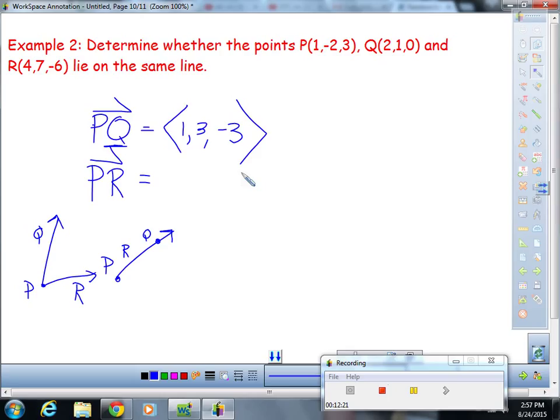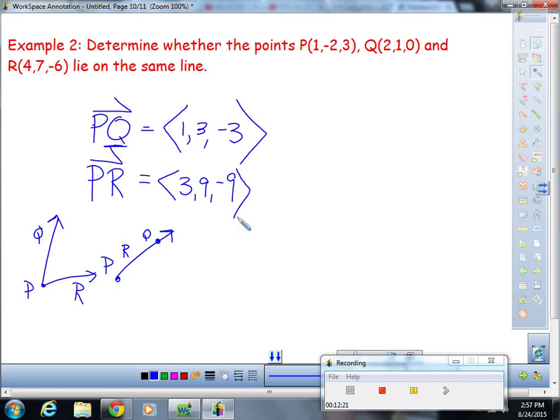Okay? PR is 4 minus 1 is 3. 7 minus a negative 2 is 9. And negative 6 minus 3 is negative 9.